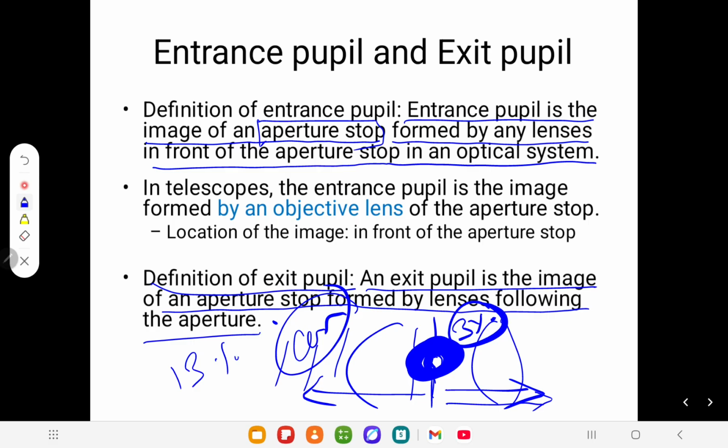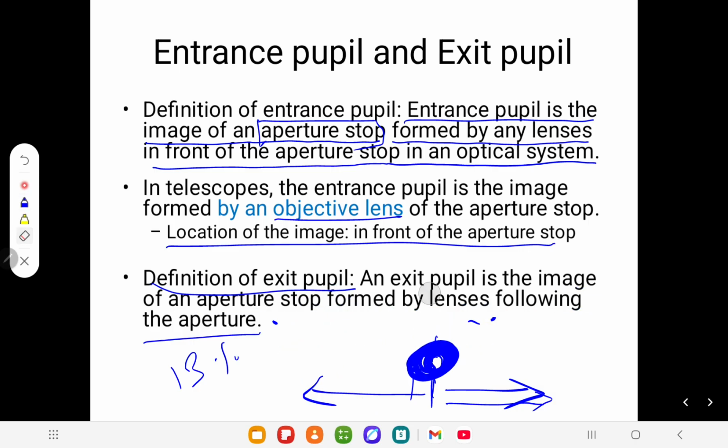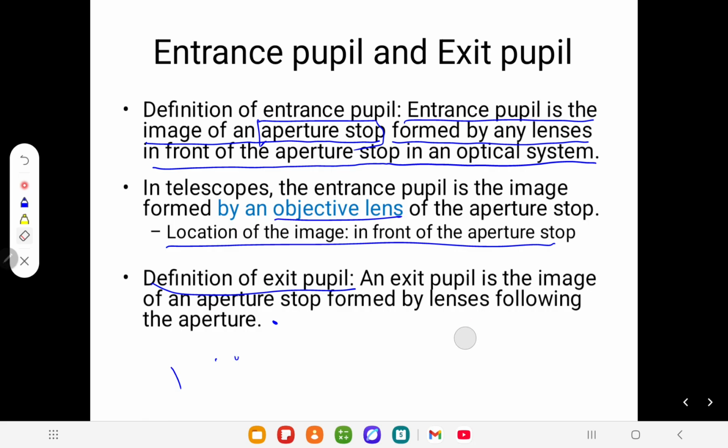But see, this is the case. In a telescope, the entrance pupil is an image formed by the objective lens of an aperture stop. So, I'll tell you one thing. In the case of a telescope, let me be clear, here is the objective lens, here is the eyepiece.